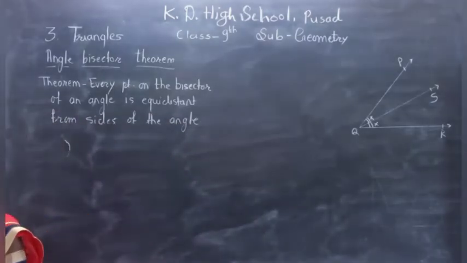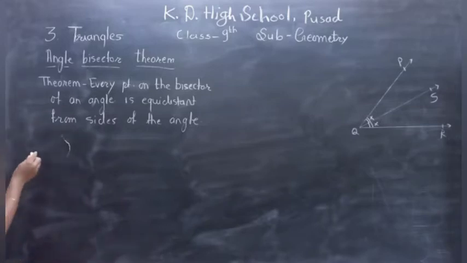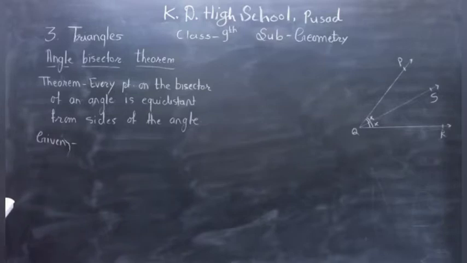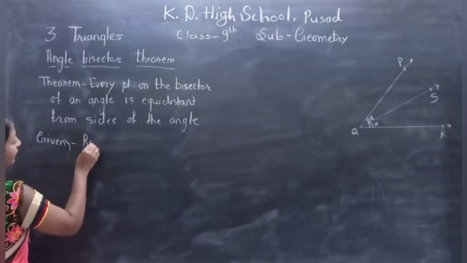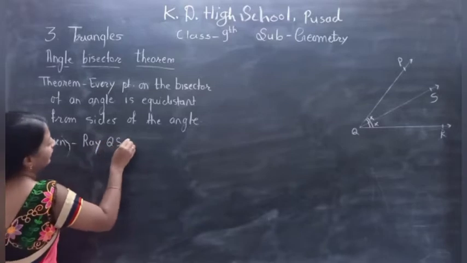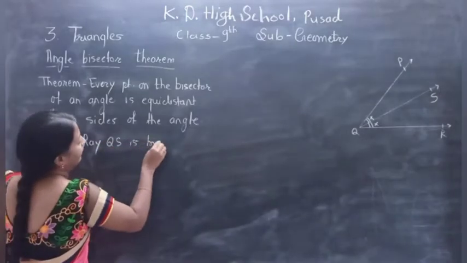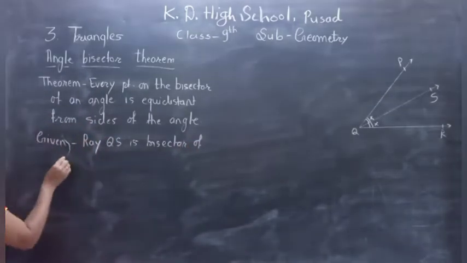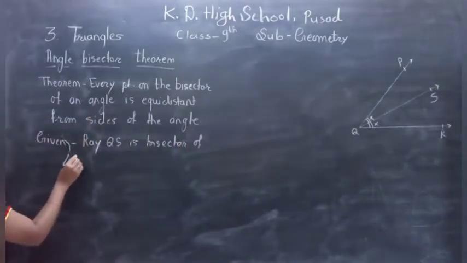Okay. Now from the given statement, what we have to write? First of all, given. What is the given here? Segment QS is the bisector of angle PQR, or ray QS is bisector of angle PQR.